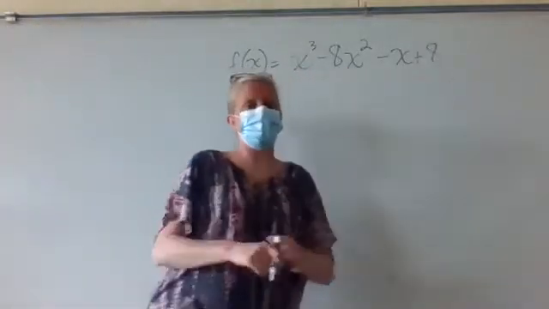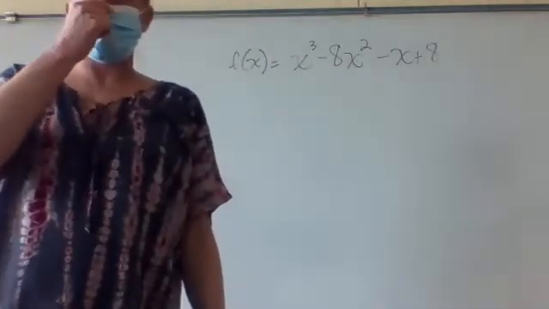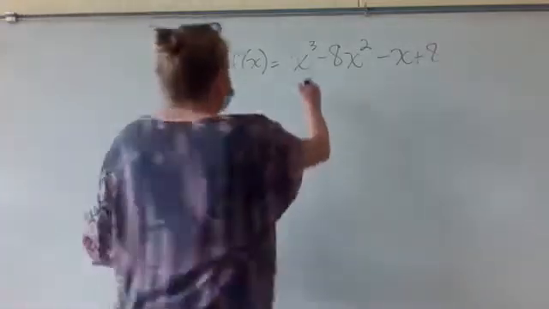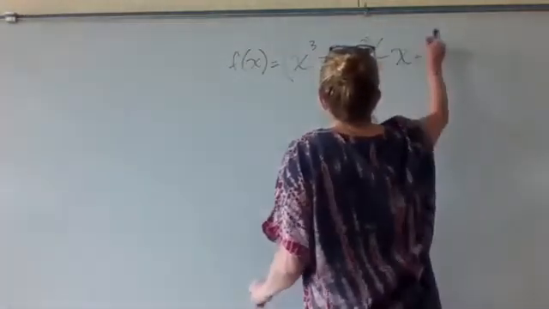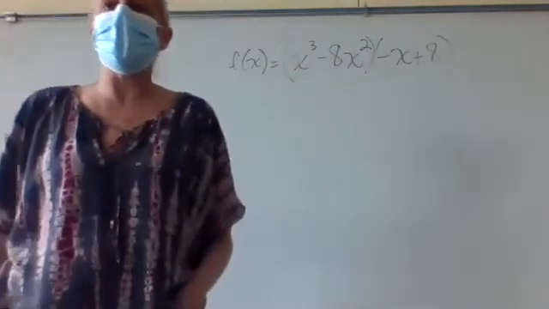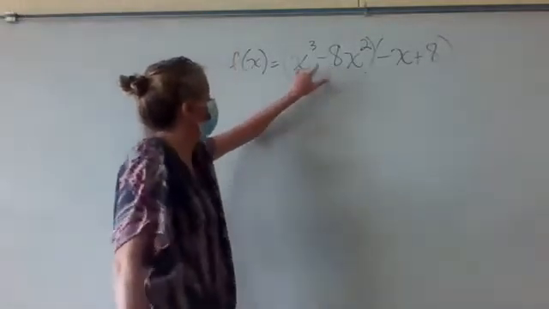When I'm looking at this, I see 4 terms. Anytime I need to factor and I see 4 terms, I'm going to put them in groups of 2. Group the first 2 and group the second 2. And then I'm going to pull out the factors from each of the groups. So let's see, what's in common here?